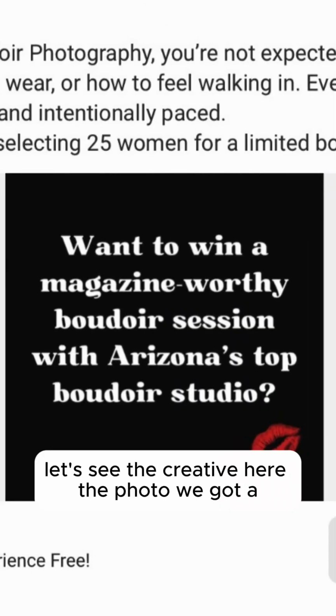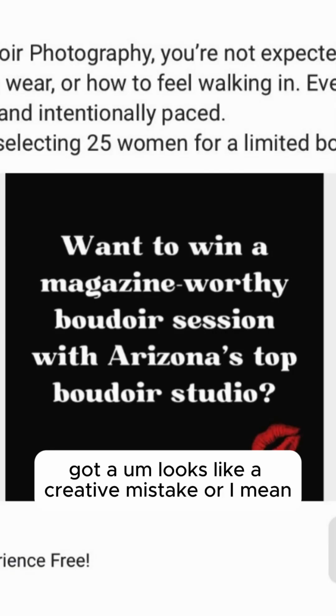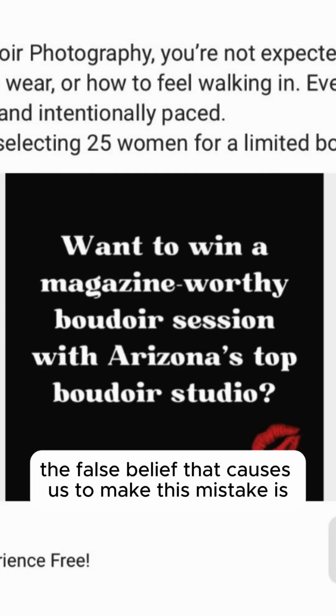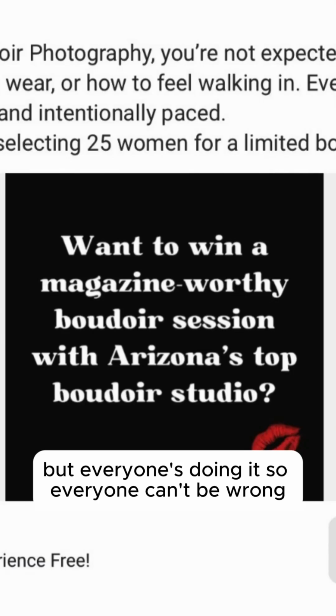Now, let's see, the creative here, the photo. We got a creative mistake, or I mean, it looks like an ad mistake. The false belief that caused us to make this mistake is, yeah, we've seen a bunch of other boudoir Facebook ads that look like ads, but everyone's doing it, so everyone can't be wrong, can they?